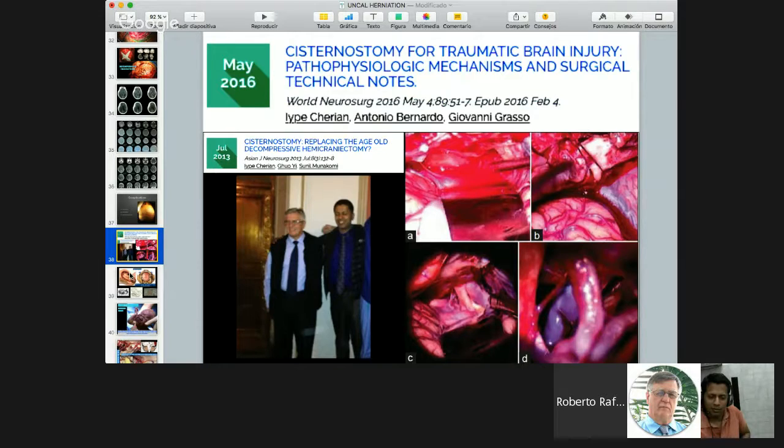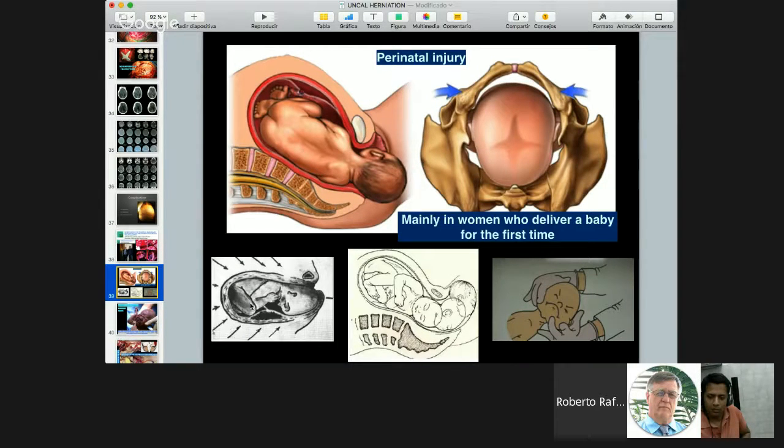Another important topic: trauma of the temporal lobe, mainly in the hippocampus, occurs during delivery, mainly in women who deliver a baby for the first time, because there is a narrow delivery canal and the head of the baby can suffer some grade of injury.